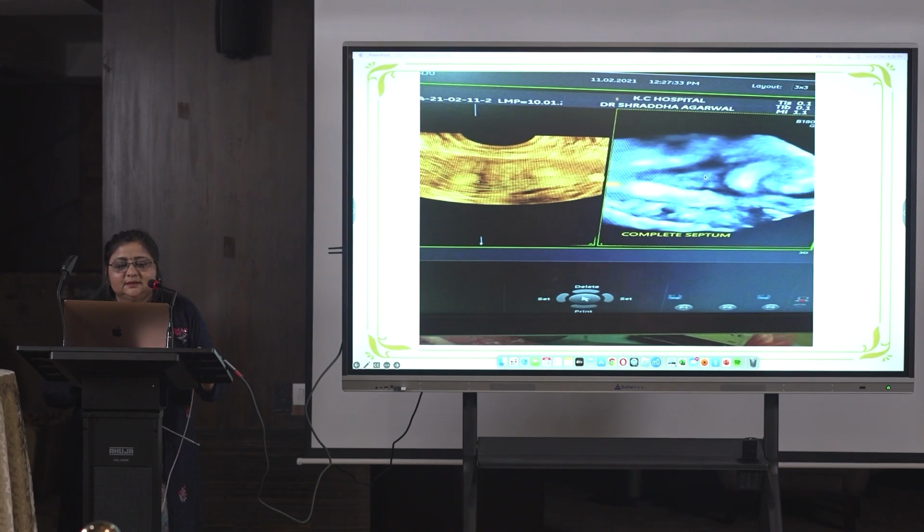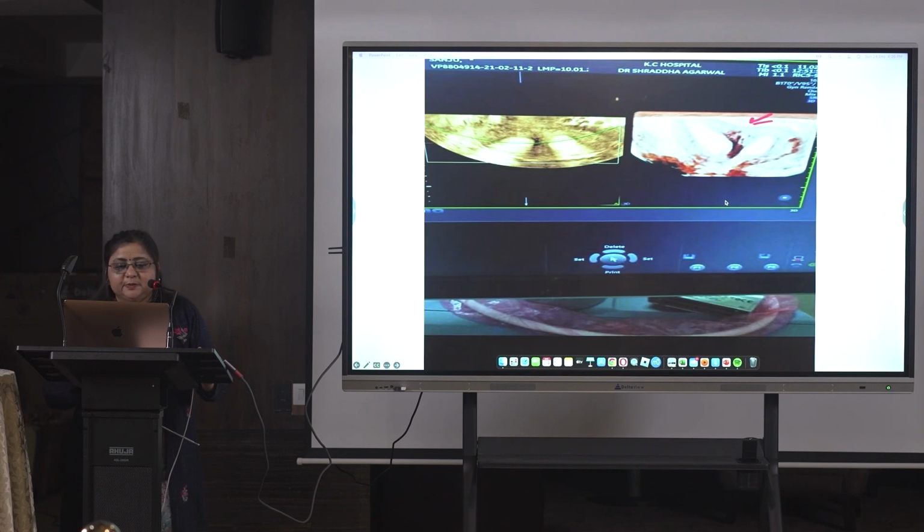So what is this? This is 2D, this is 3D. Next picture. This may be biconvex, or it may be didelphys.